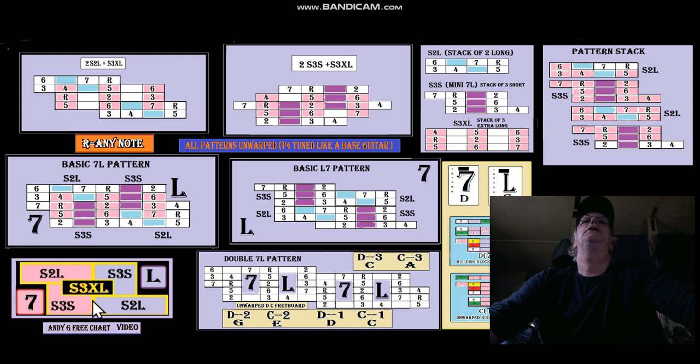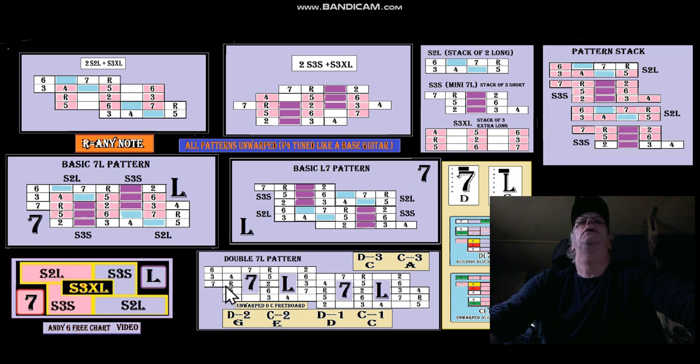They're interwoven because they share this middle part, and that I call the core stack. All right, so the core stack is 3 6 2 5 root. Anything to the right of that is like an S3S. Anything to the left of it is an S2L on the top. So the core stack would be right here.